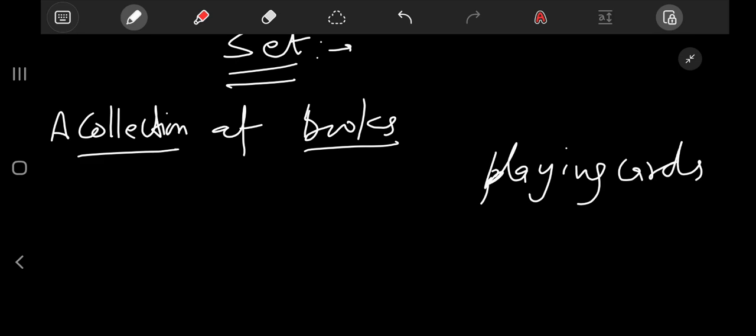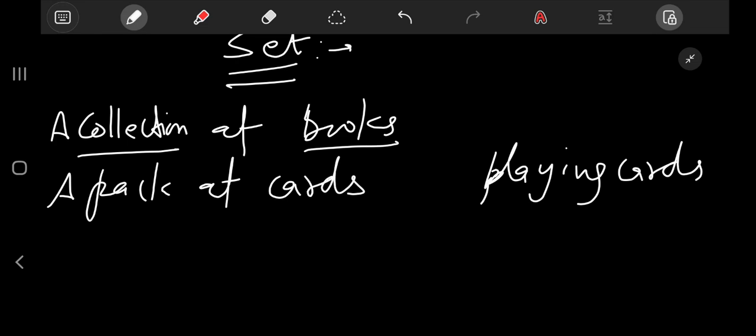We don't call them a collection of cards in general. We call them a pack of cards. We call it a pack. This is a single unit, which is a group of 52 playing cards. A pack of cards, a collection of books.